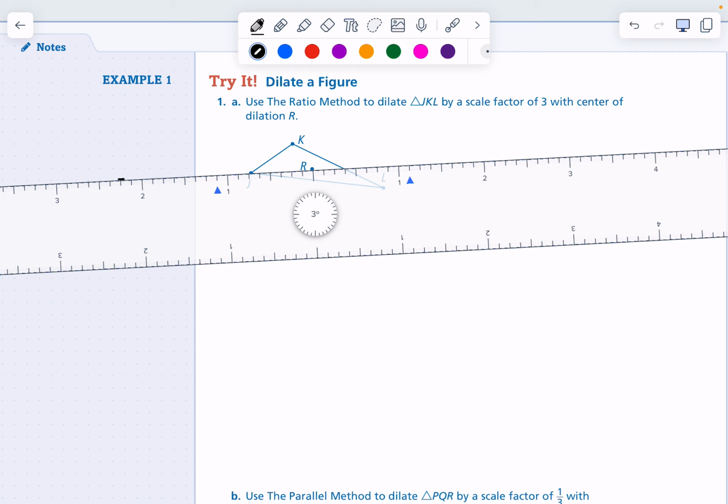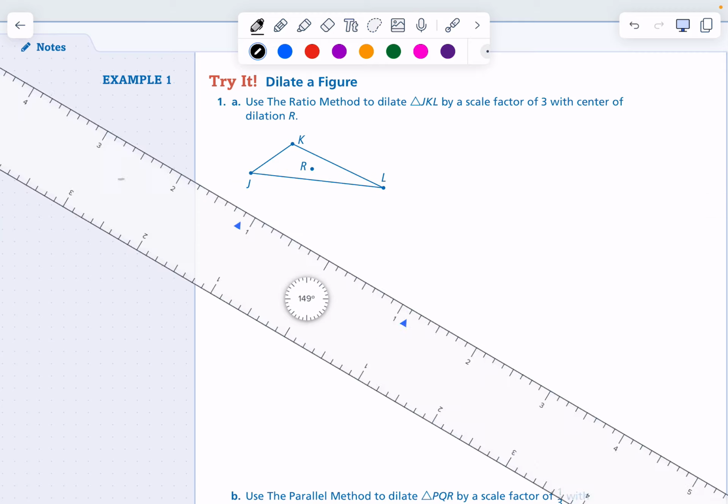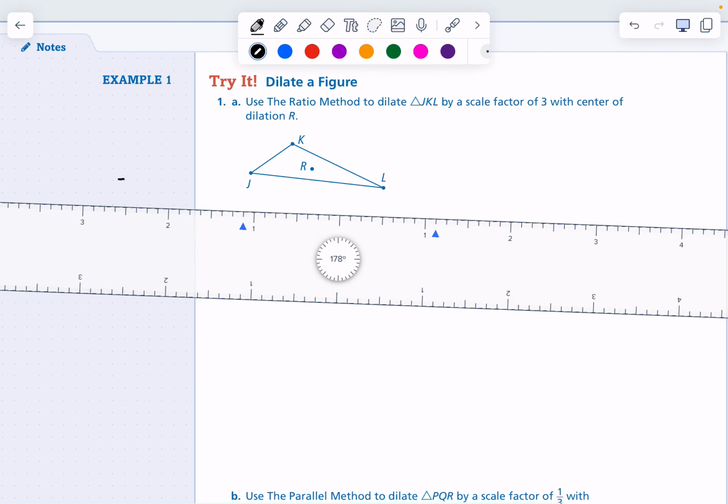So if it's 3/4 of an inch, if we triple that, 9/4. We would have 9/4 of an inch. 2 1/4. Okay, or maybe you want to use the centimeter side. I wish I knew how to make this into centimeters.